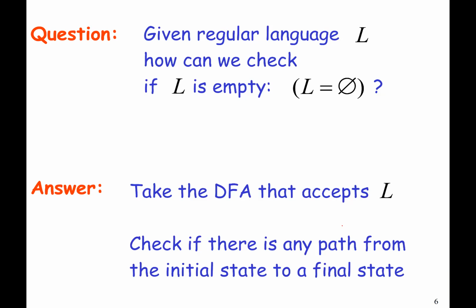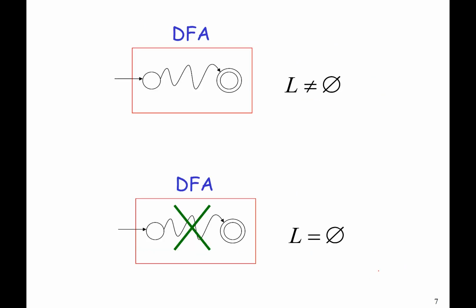Another question could be, given a regular language L, how can we check if the language is empty? Take the DFA that accepts L and check if there is any path from the initial state to a final state. If there is no path from the initial state to a final state, the language is empty. By the way, this does not imply lambda.